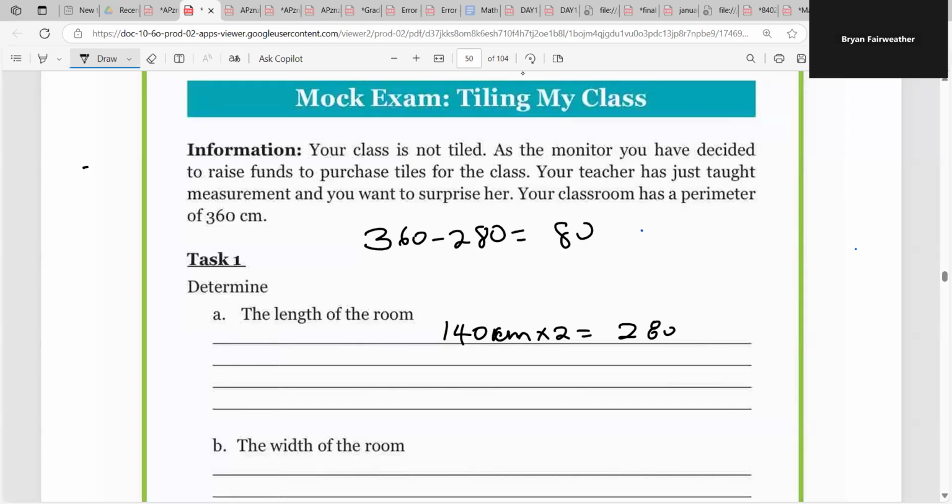We already found the length of the two lengths, but we have to divide it by 2 to find only one of the widths. So divide 80 by 2, you get 40. So it would be 40 centimeters as the answer for the width, but for the length, 140 centimeters.